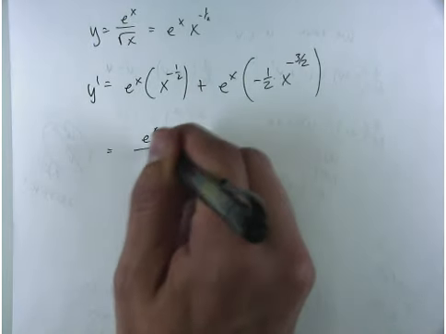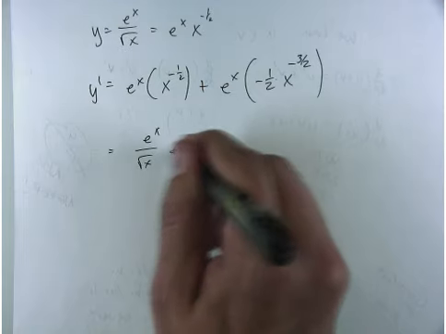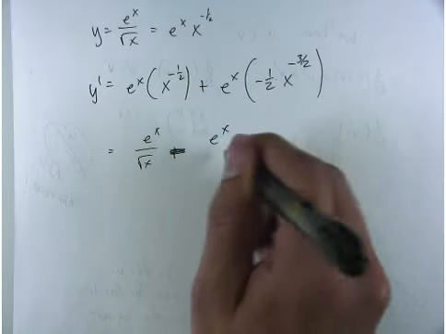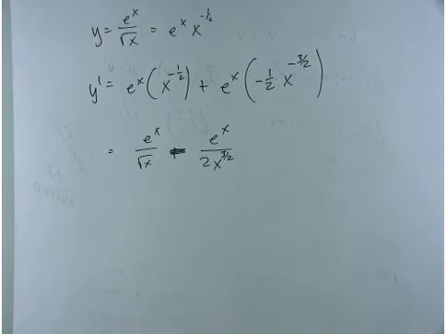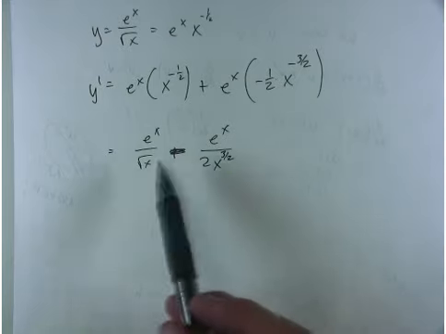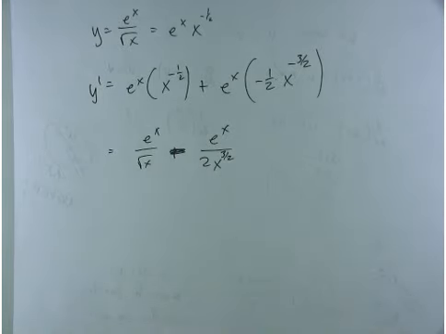I still have these negative exponents that I might like to get rid of. That's e to the x over root x minus e to the x over 2x to the 3/2. But if I find a common denominator here and simplify, I'm going to get exactly what I got before.